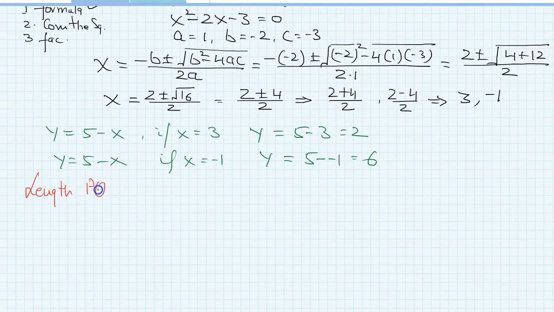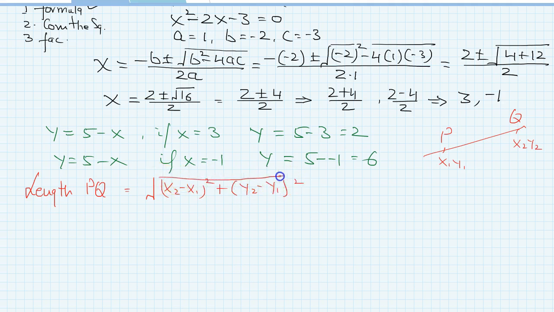So the length PQ, we know the length of the two points (x1, y1) and (x2, y2). If this is P and this is Q, it is given by the square root of (x2 minus x1) square plus (y2 minus y1) square.